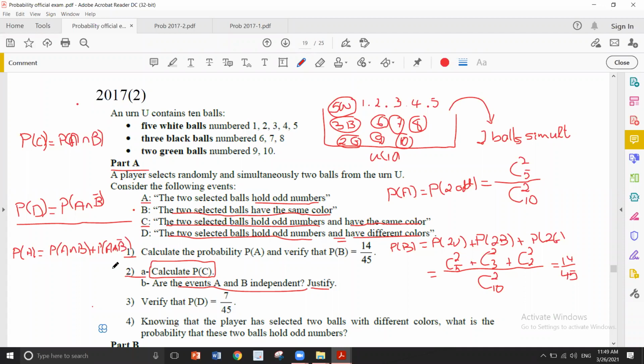So probability of A intersection B bar, which is probability of D, we get by subtraction.